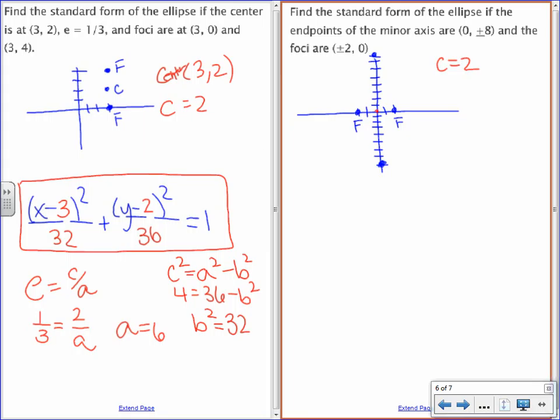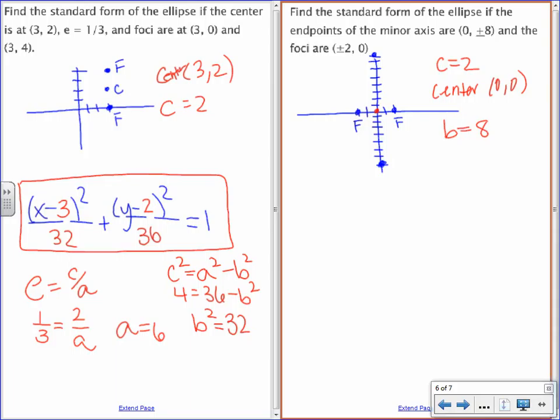The center is at (0, 0). And those foci are 2 away from it, so that is why Maddie said c is 2. Back to pod 1, tell us something else. b is 8. Why, pod 2? Because it says the minor axis has endpoints (0, plus or minus 8). Okay, so these are what I've been calling our minor vertices, right?